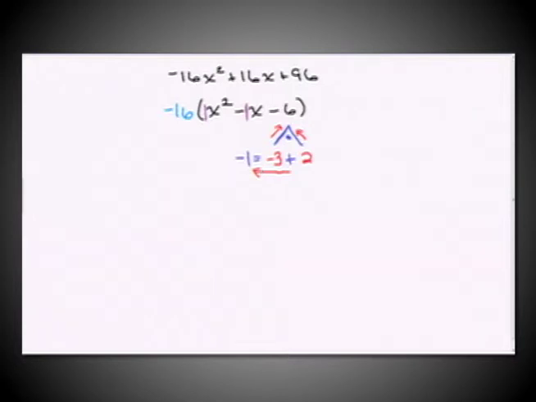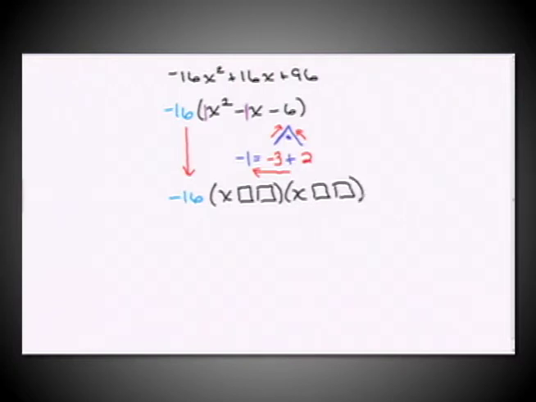So we still have our factor of negative 16 that must join the other part we're factoring, and we can set up our space to finish factoring the trinomial from inside the parentheses.